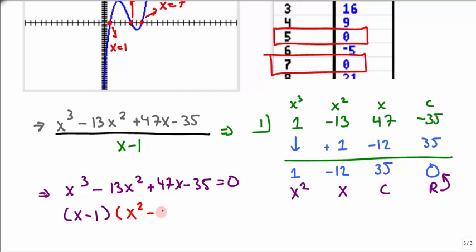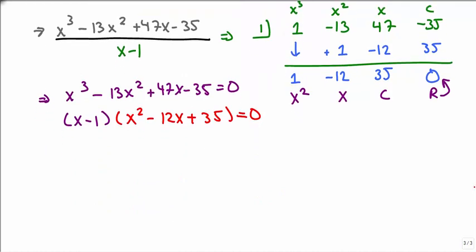That's going to be x squared minus 12x plus 35 equals 0. Now I need to find those other values. We already know they're 5 and 7. Where do they come from?